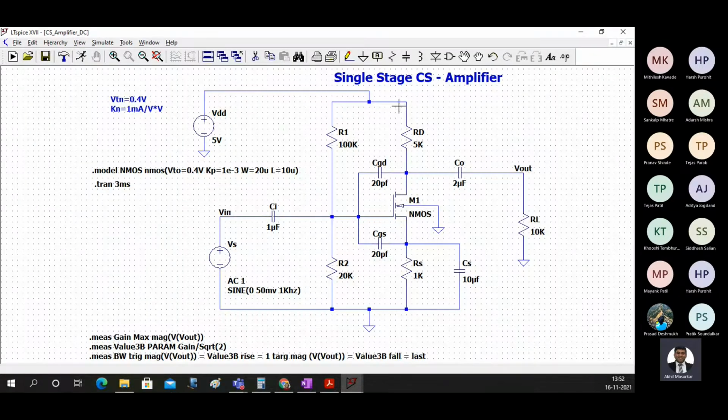It has DC also. Let me remove certain things out of it.